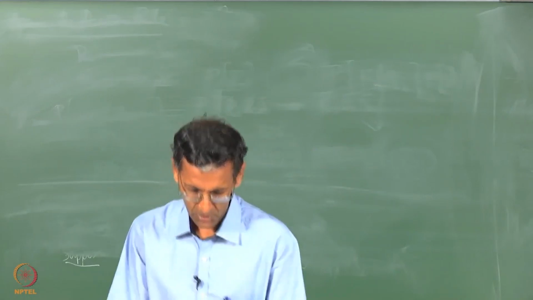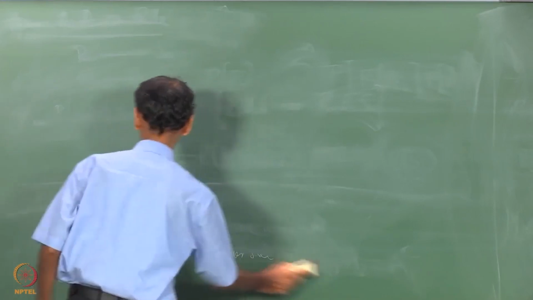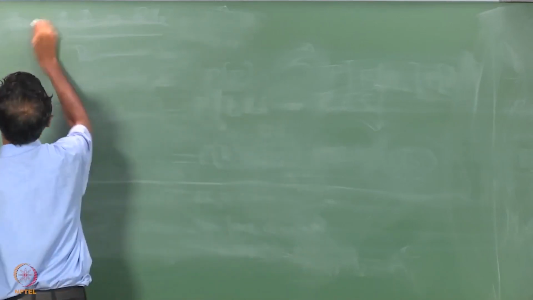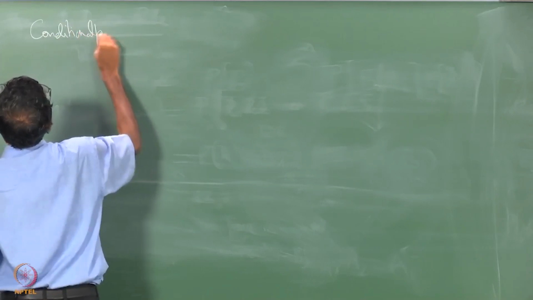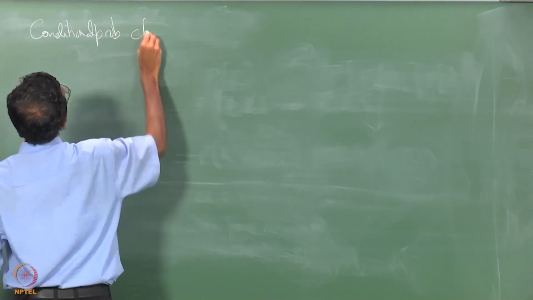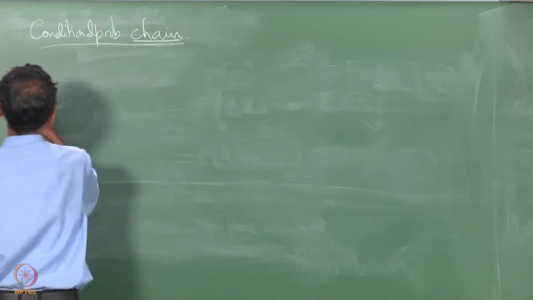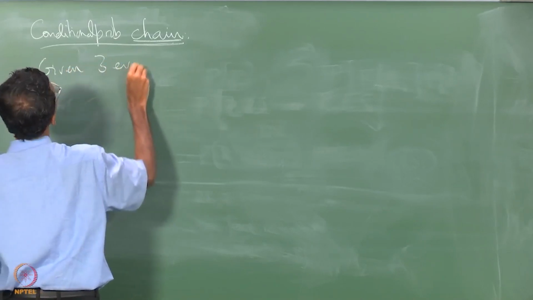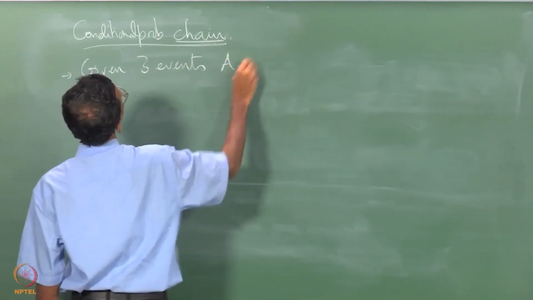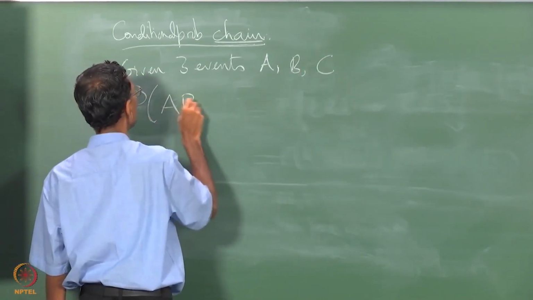The next thing, before moving on to a different topic, let me look at this conditional probability chain. If I have given 3 events A, B, C, how can I write the probability P of the joint event A, B, C?